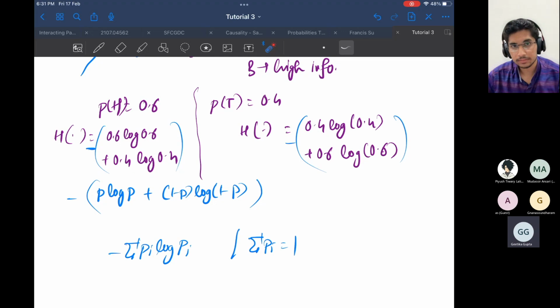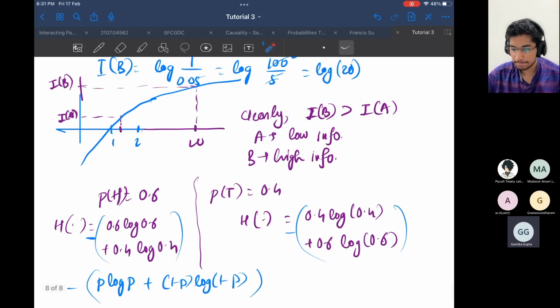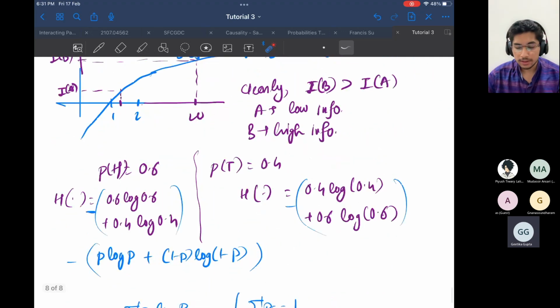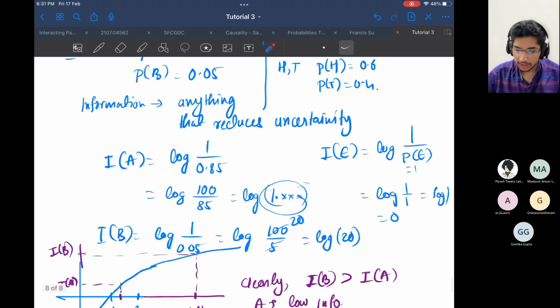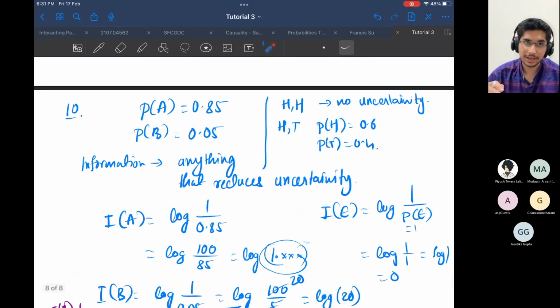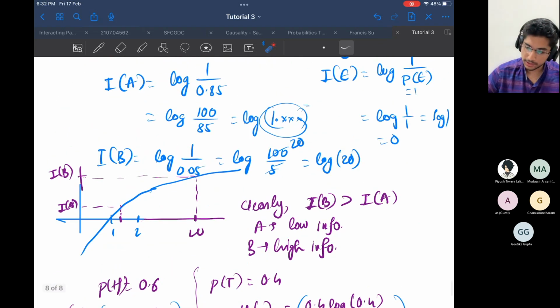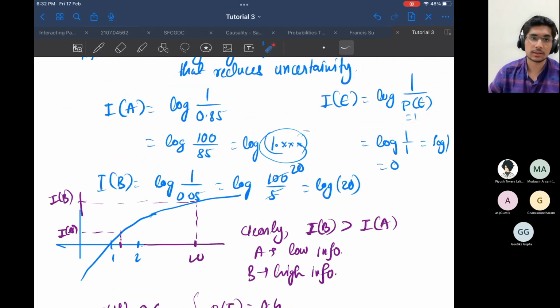Yes, I'll try it one more time and check. My understanding was that they are two different events, and that is why I took them separately. Actually you should have used this formula. If you got the correct answer, I'm not saying the answer is wrong, but the way you calculated was not correct. Log 1 by P is what you should use to calculate the information in an event.